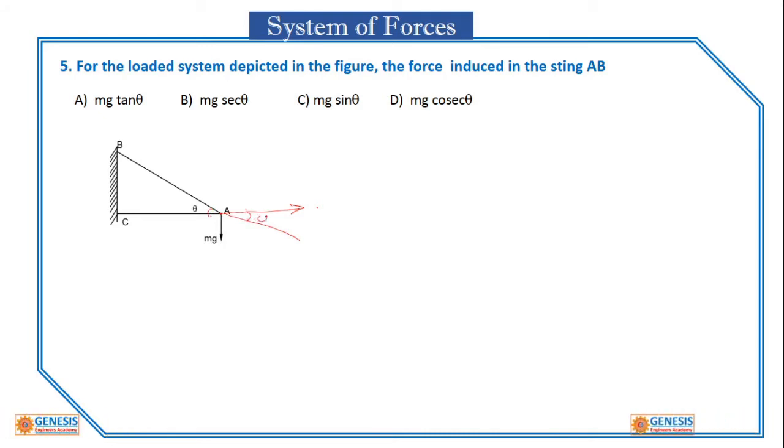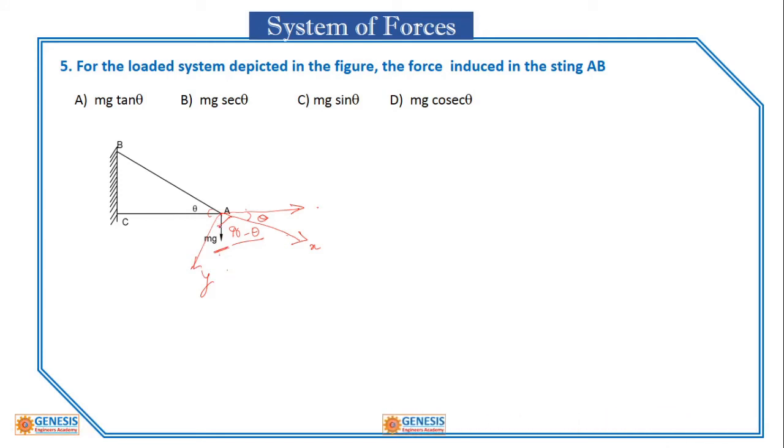Then it is horizontal, it is vertical. So this angle becomes 90 minus theta. So I wanted to have this one. Okay, so I will take this as the reference like x-axis, and perpendicular to that is y-axis. Then this mg will become an inclined force.